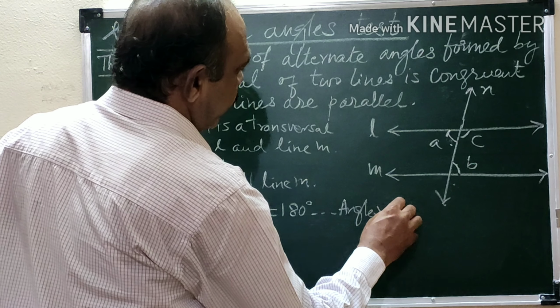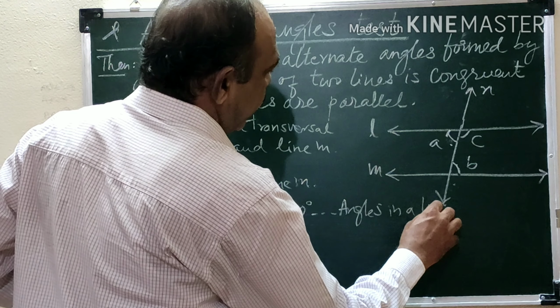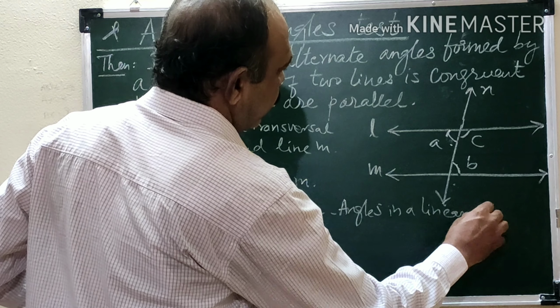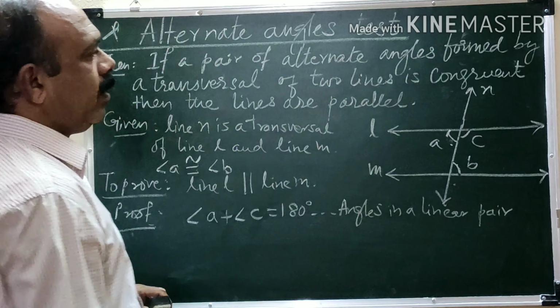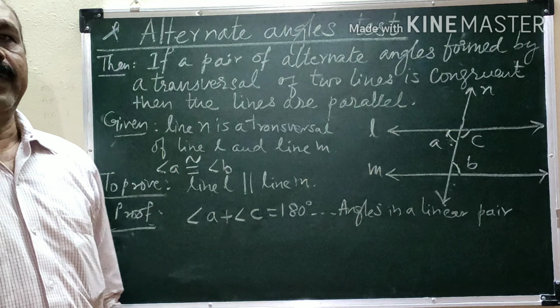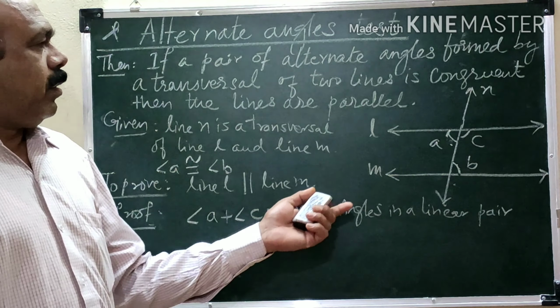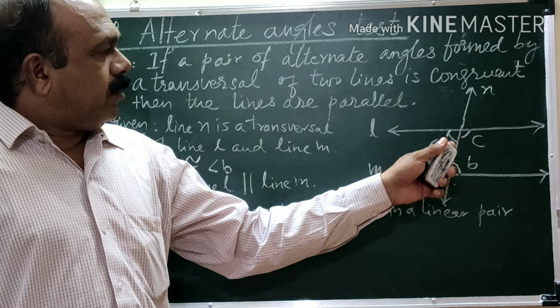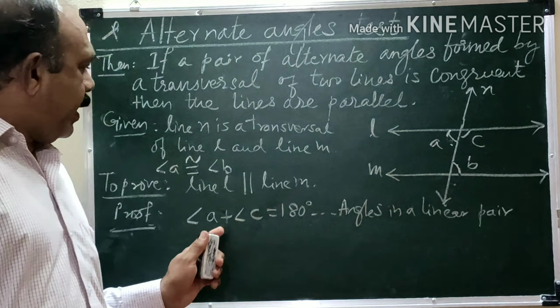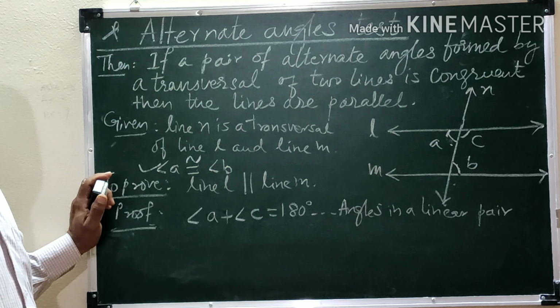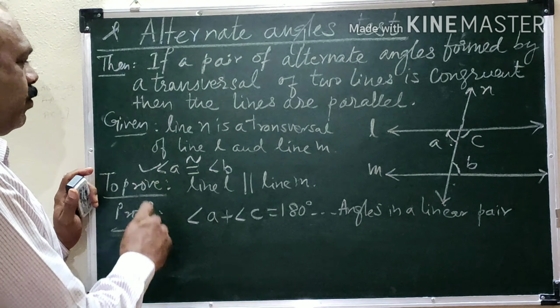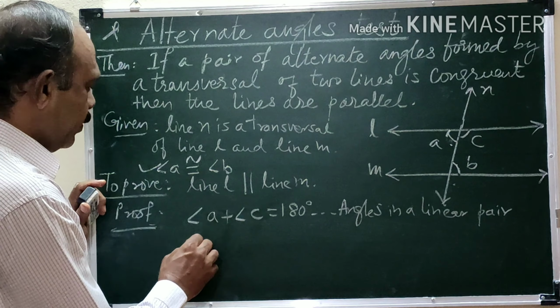Angles in a linear pair. Again, angle A plus angle C is equal to 180 degrees. Then what is given here? Angle A and angle B are congruent. So angle A is congruent to angle B, this is given.